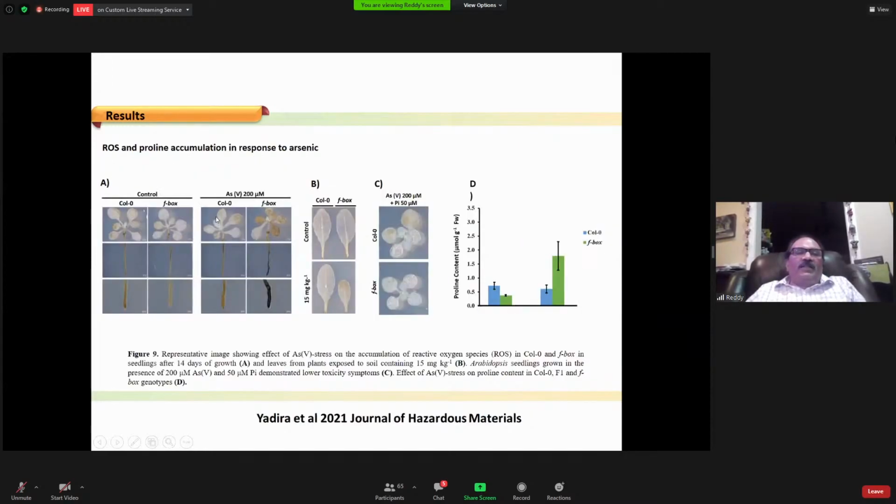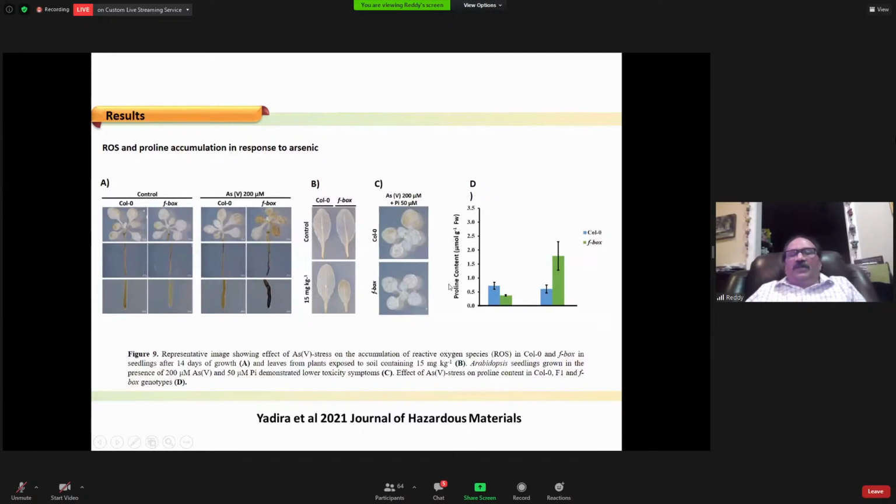And then in the arsenic conditions, this is a stain called DAB stain that identifies reactive oxygen species. So here you see reactive oxygen accumulation in the F-box mutant comparatively to the wild type, indicating that ROS, reactive oxygen species, are much higher in this mutant. And then here, inorganic phosphate is spiked. Once the phosphate is spiked, the F-box mutant almost looks like the wild type.